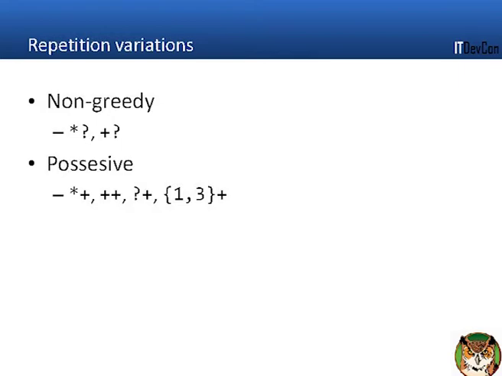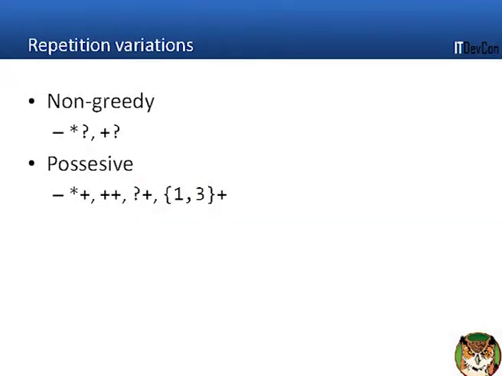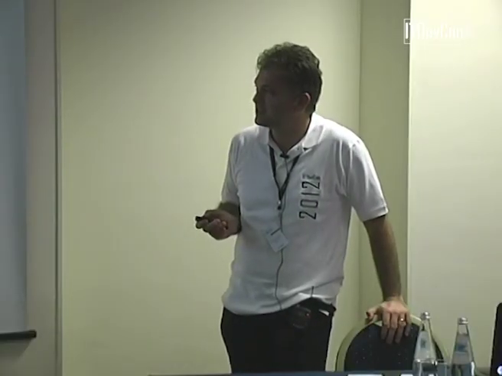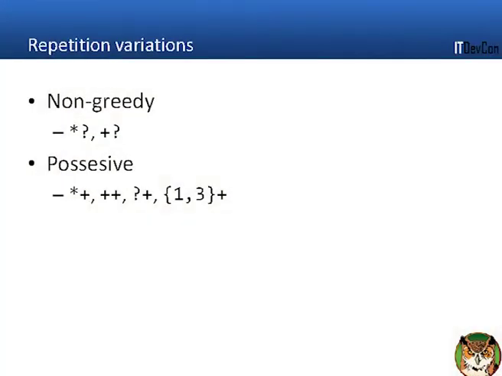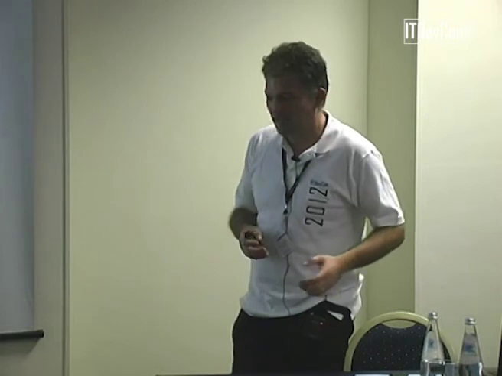That's why we have variations called non-greedy, which will take as small a number of characters as possible, not as large. The same goes for the plus. And then we have something called possessive form, which you may safely ignore at the moment. Possessive form means once you match this, don't go back, because regular expressions use something called backtracking.